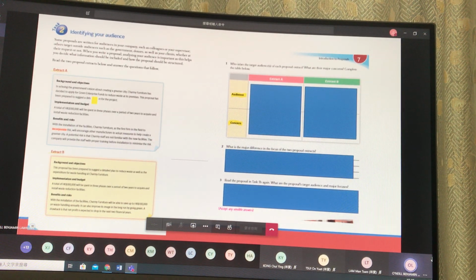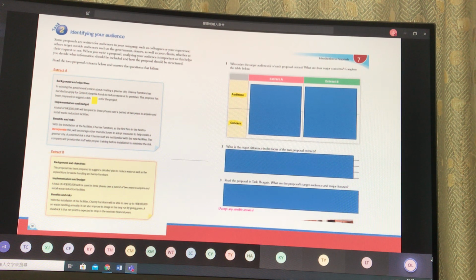Any guesses? If you guess that the government would be the only person willing to do that, then you're probably correct. So it's in the government's interest to provide funds for companies to make the environment greener, right? The money is basically coming from all of us, from the public, and we are giving money to a company so that they make the environment cleaner, right?